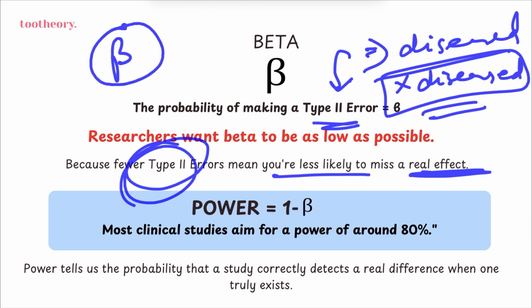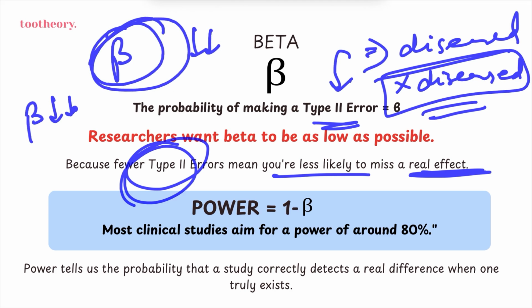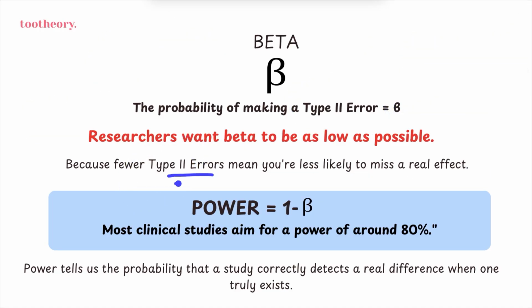If type 2 error is beta, we want this value to be really low, because then our probability of making a type 2 error is low, which means we are less likely to misdiagnose the disease and tell a diseased patient that they're healthy, and that is pretty dangerous in a lot of cases, right?